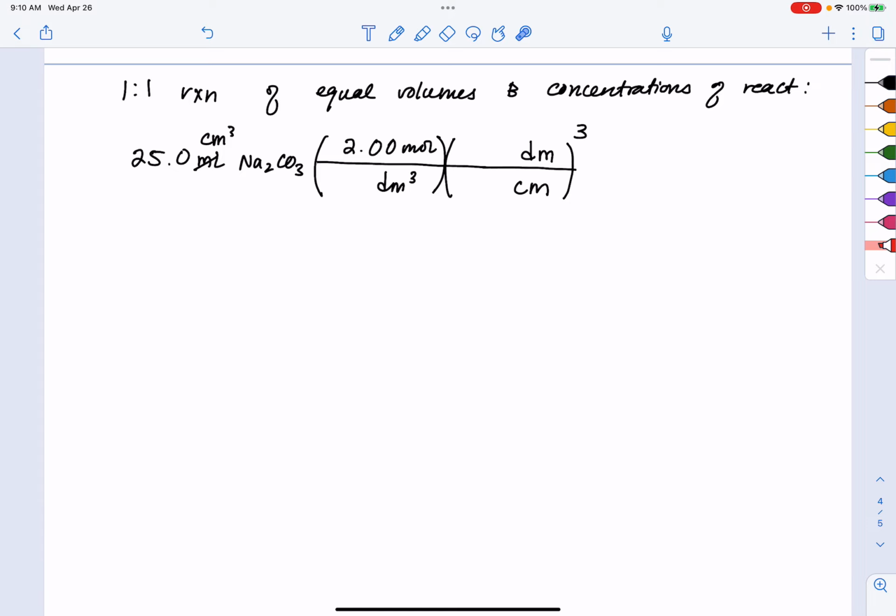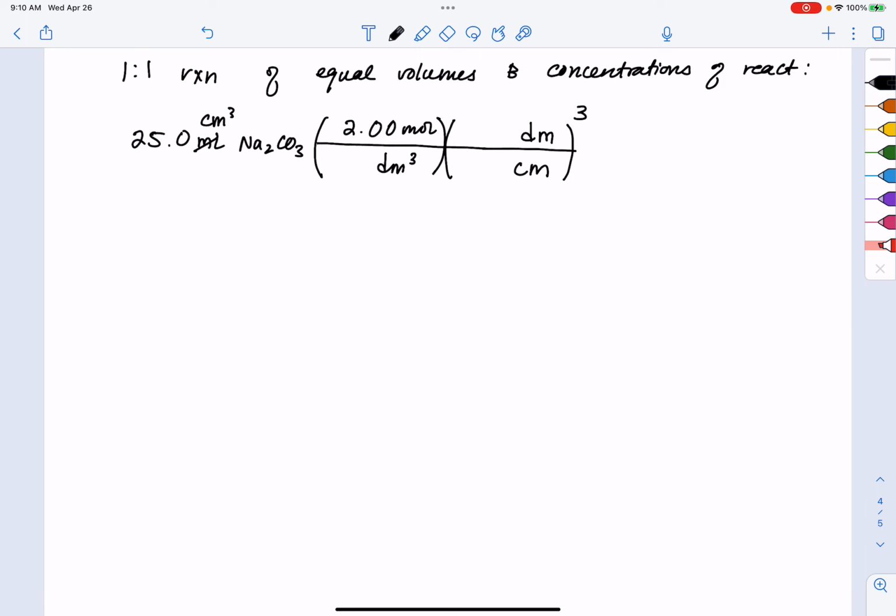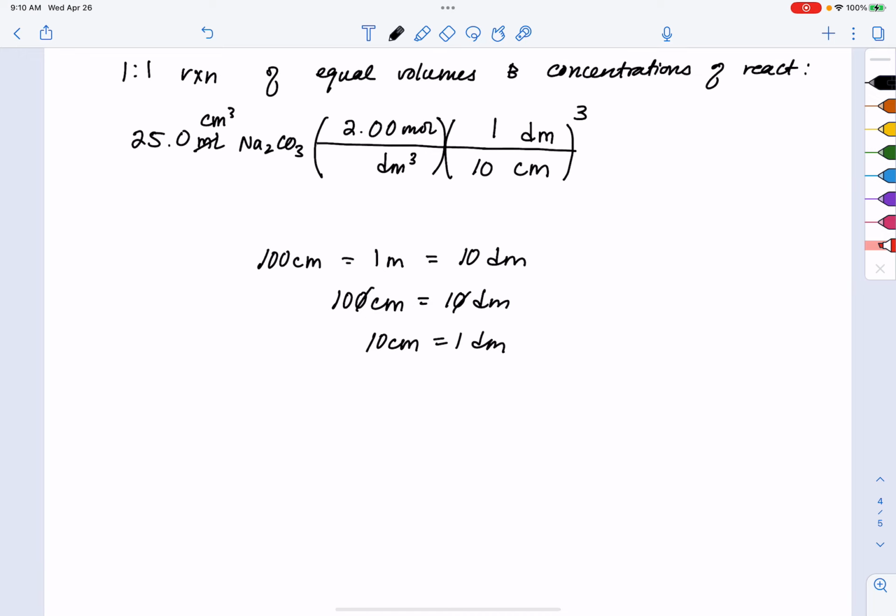A quick way to figure out relationships between units like deci and centi, or milli and kilo, without having to jump to your base unit first, is to write out the equivalence of what you know about each. For example, I know that 100 centimeters makes up 1 meter, and I know that 1 meter is also composed of 10 decimeters. So I can make the equivalence that 100 centimeters is 10 decimeters, and if I cancel out a 0 on both sides, 10 centimeters is 1 decimeter.